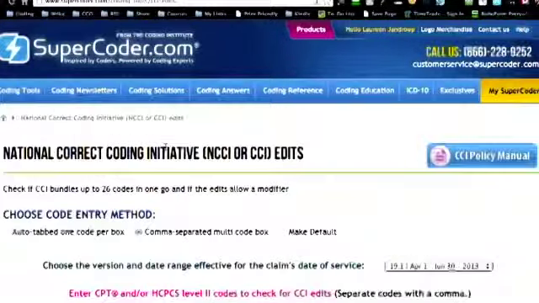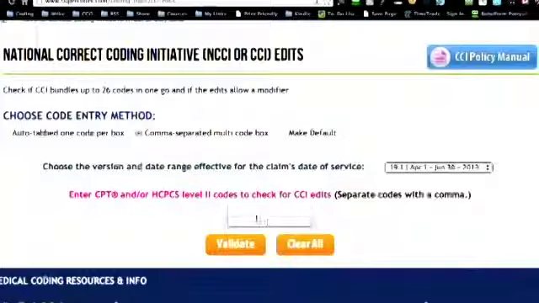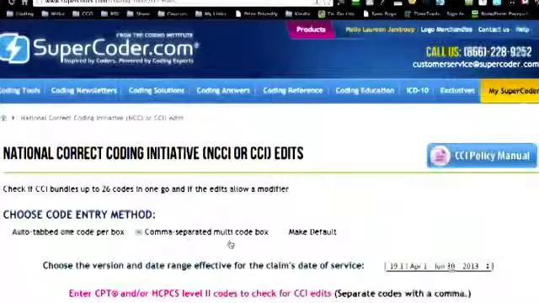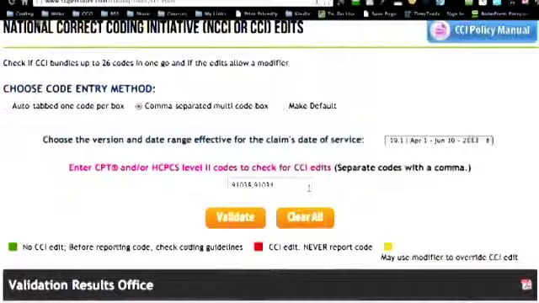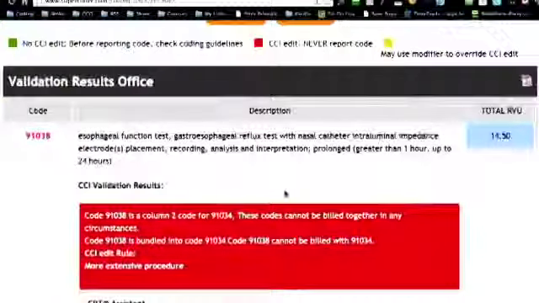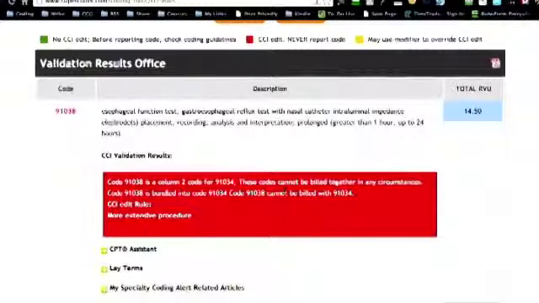So you just go in, and in this box, you put in your codes, and you need to separate them by a comma instead of the word and, and you just click on Validate. Oh, there it is. I just have the screen so big I didn't realize it was there.